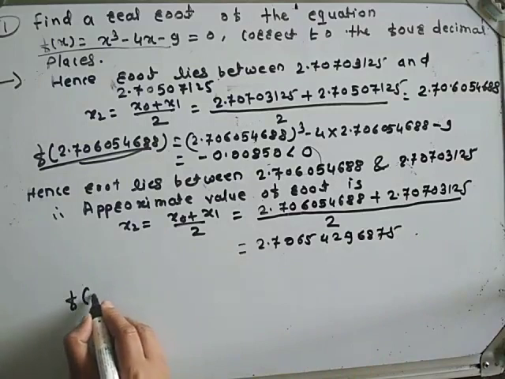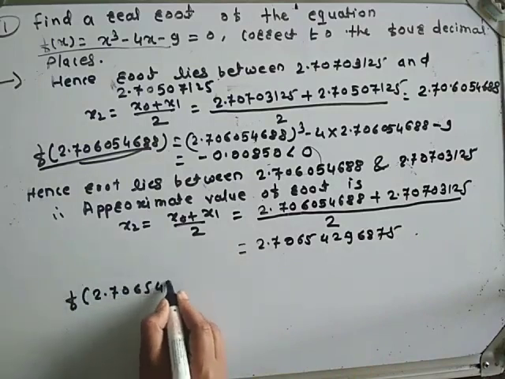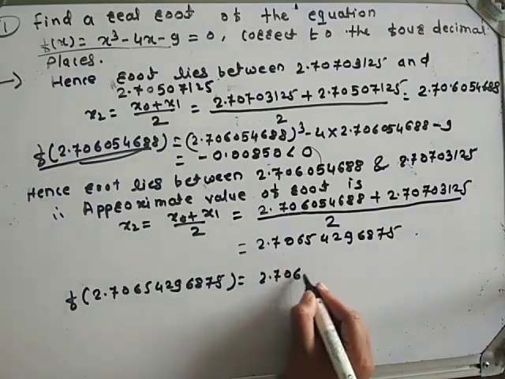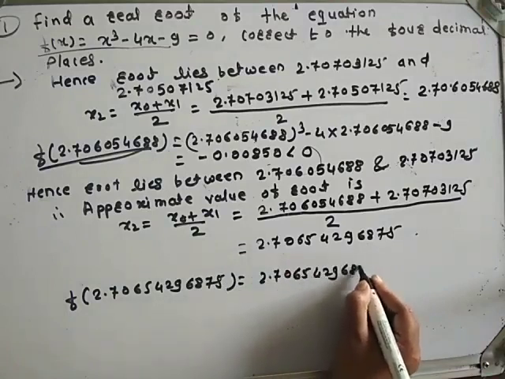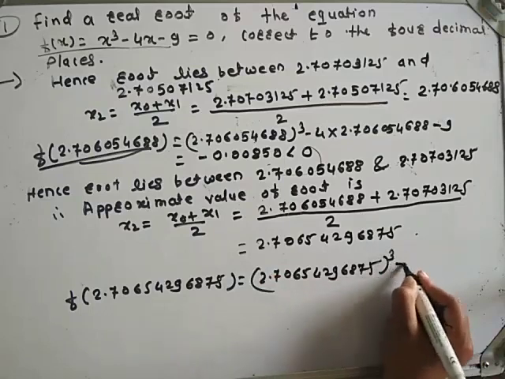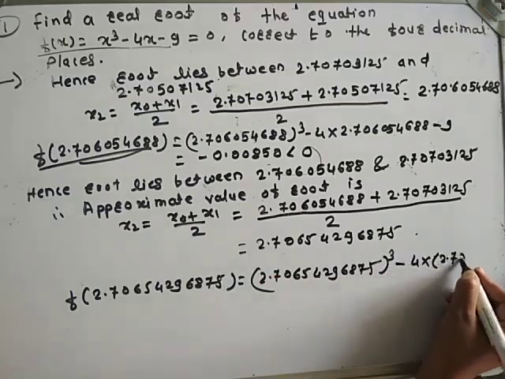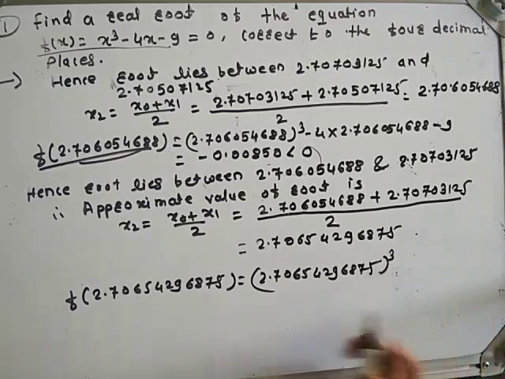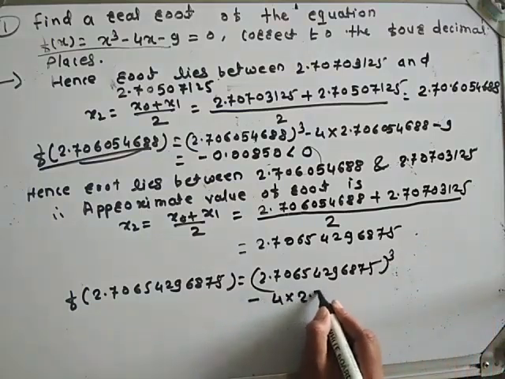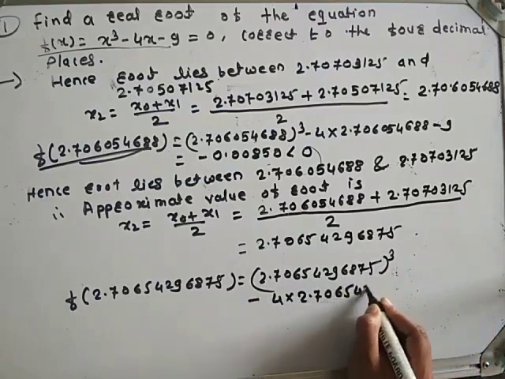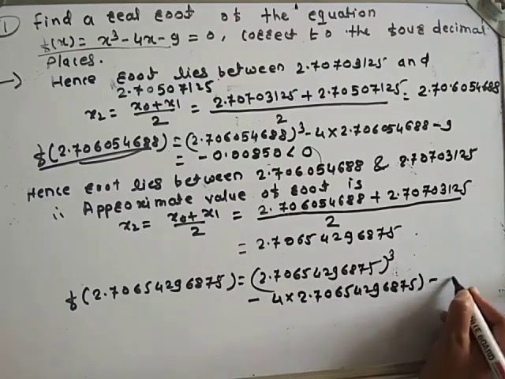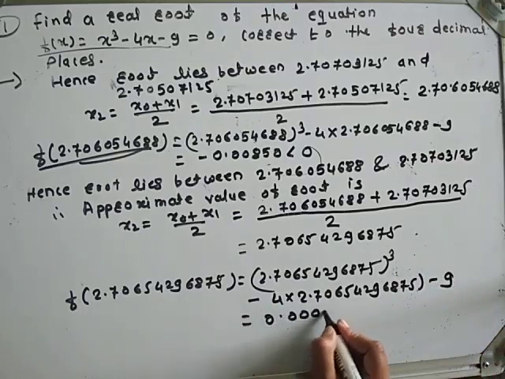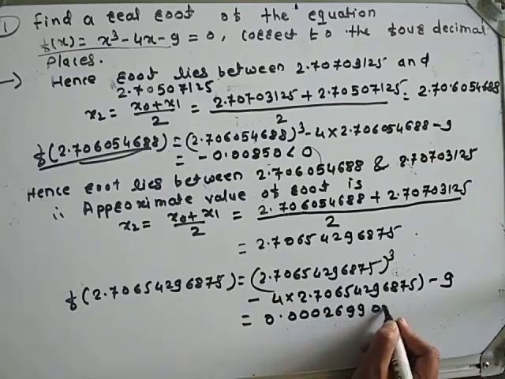Now calculate f of 2.7065429685, which is equal to 2.7065429685 cube minus 4 into 2.70654296875 minus 9, which is equal to 0.002699007.